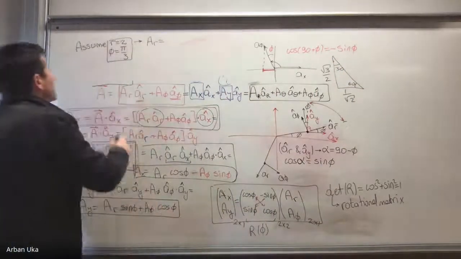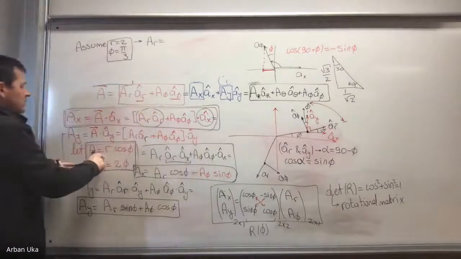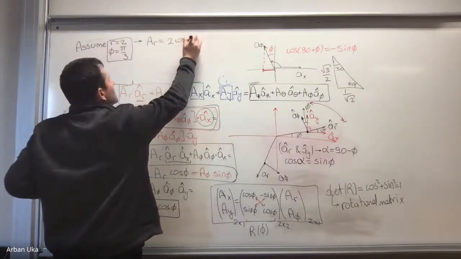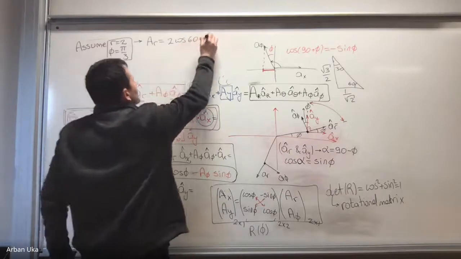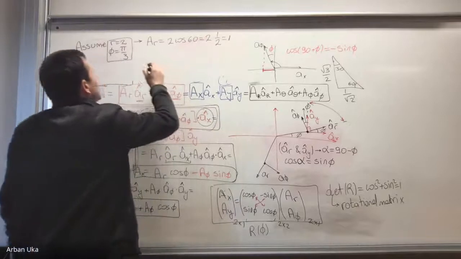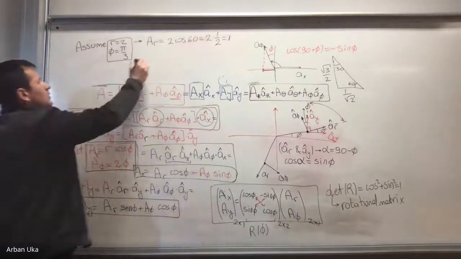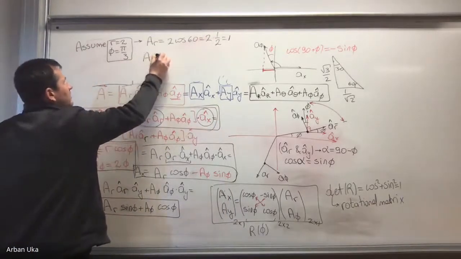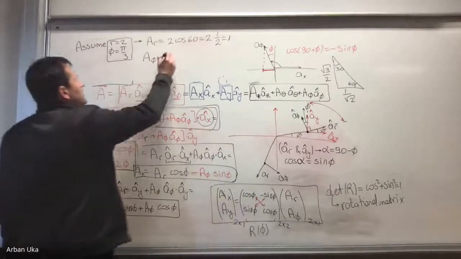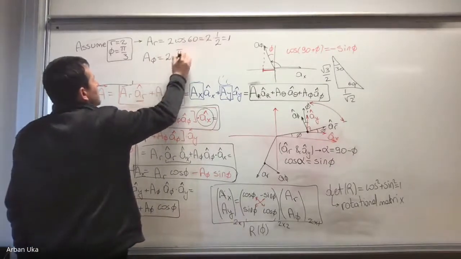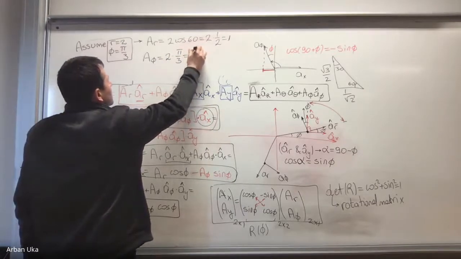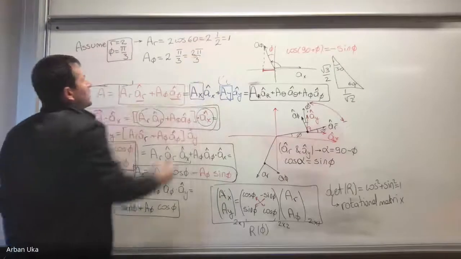So in this case, A_R is equal to 2 times cosine 60, which is equal to 2 times 1 over 2. This is 1. And then the projection along the phi, A_phi, is equal to 2 phi. Phi, this is 2 times pi over 3. So this is simply 2 pi over 3.